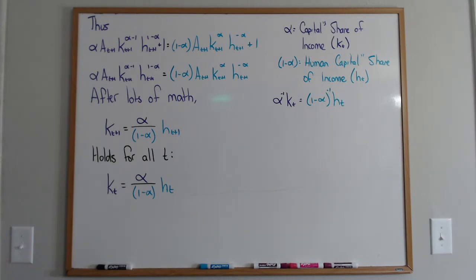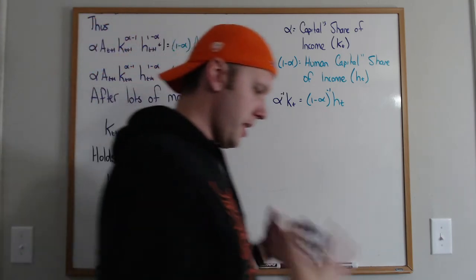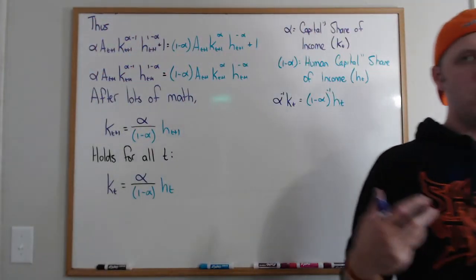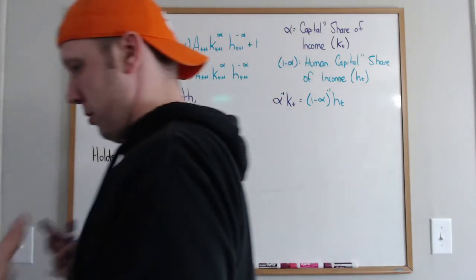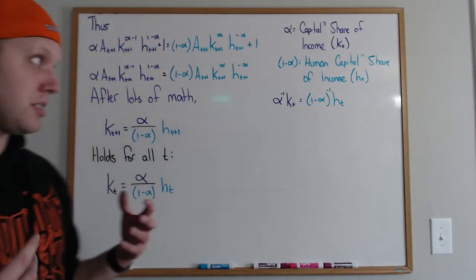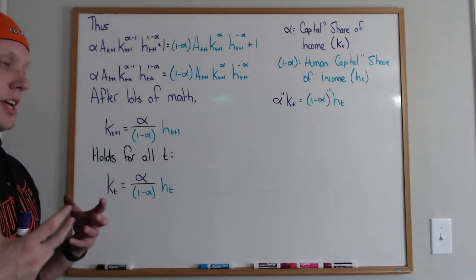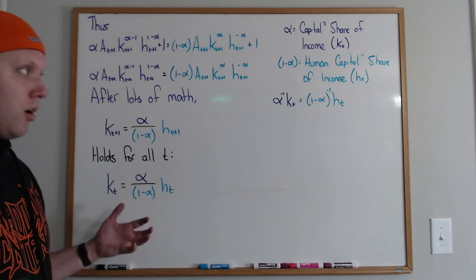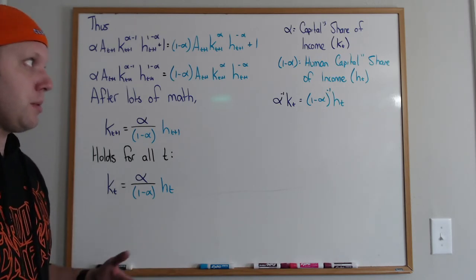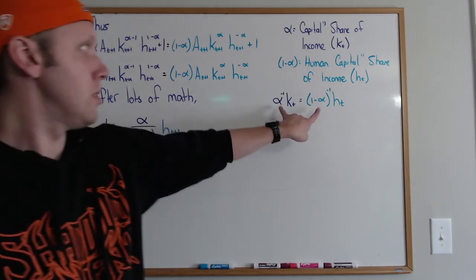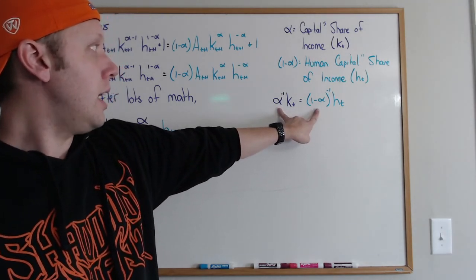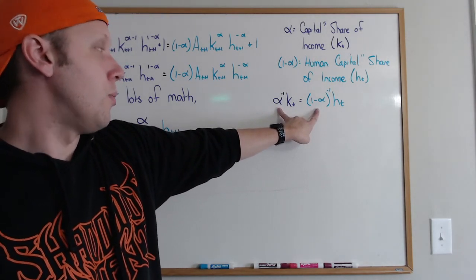Well, what that says is that when those two things are equal, we're optimizing. Now this isn't to say physical and human capital are equal to each other. There is a situation where they can be equal, but that's a unique case, not what happens in all cases, because they're being weighted by one over their shares of income.